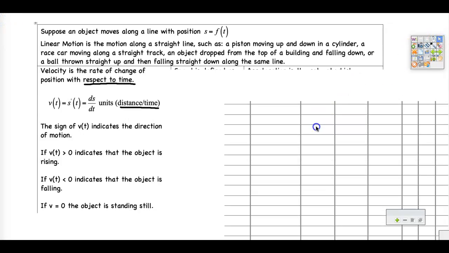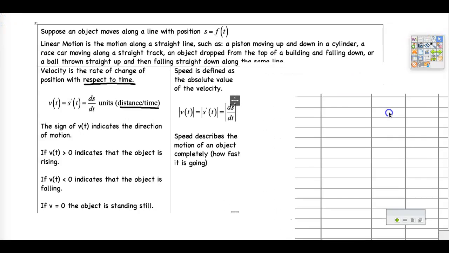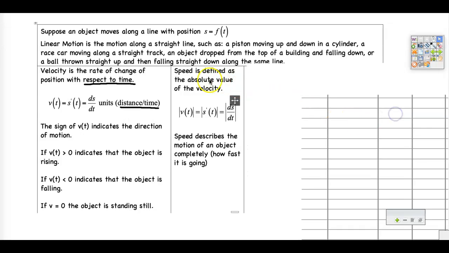In this case, the speed is always the absolute value of velocity, meaning speed is always positive. The speed describes the motion of an object, or how fast it is going. So it's not taking into consideration whether you're moving forward or backwards.